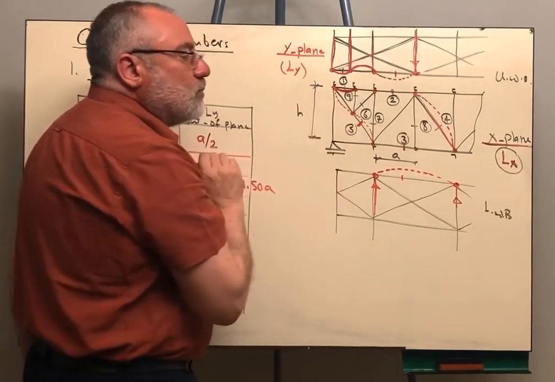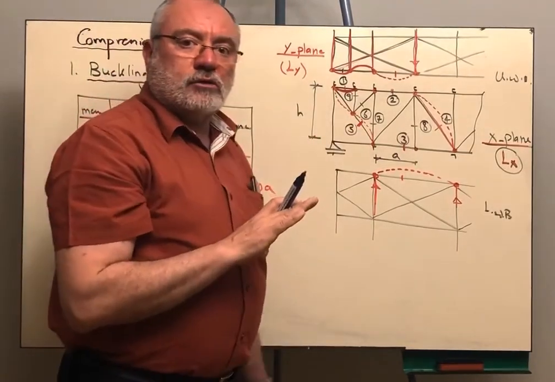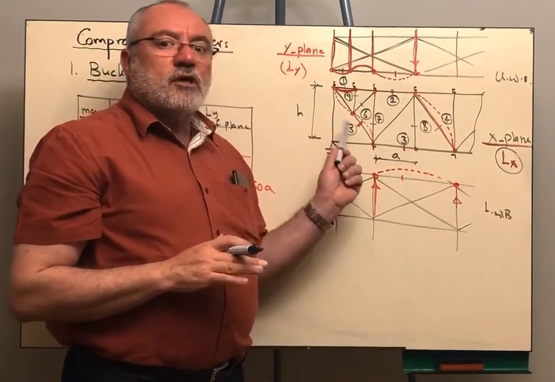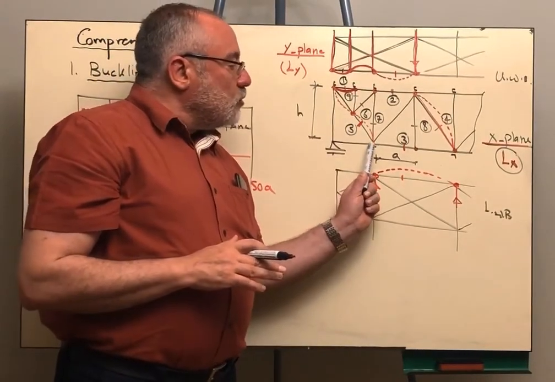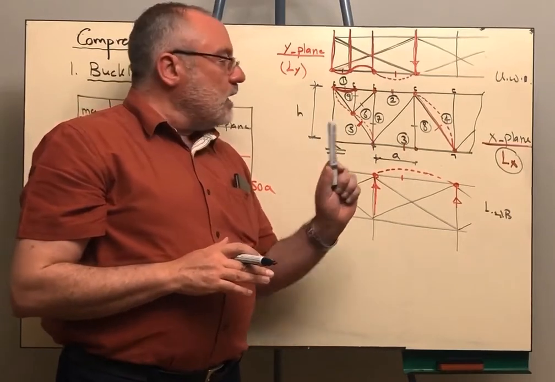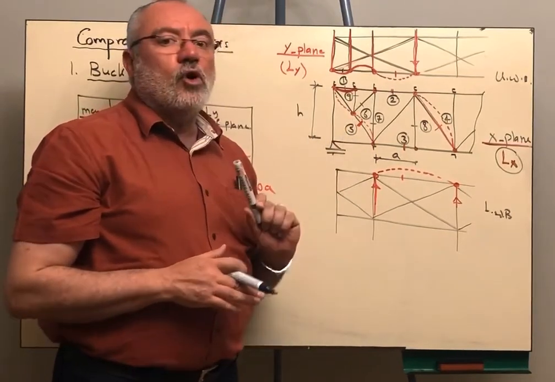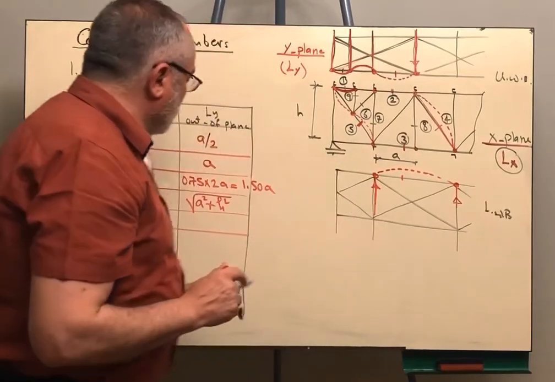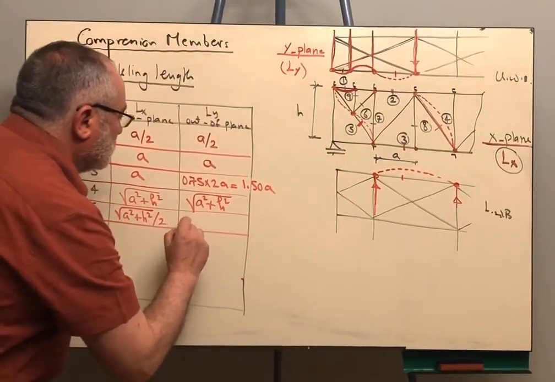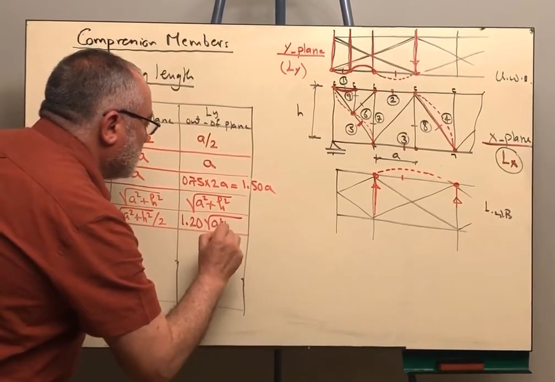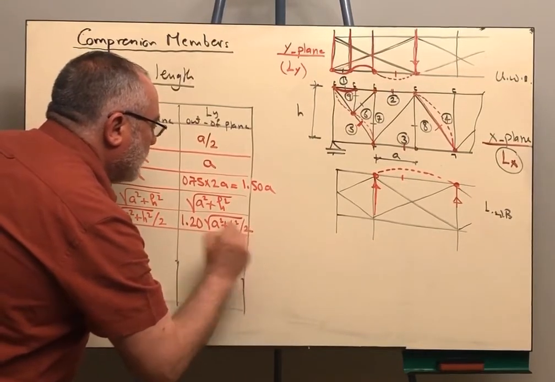So this point is unbraced. If you look to our notes, you will see that for the diagonal members and for the vertical members, if one end of the member is braced in the out of plane and the other end is not braced, then we take 1.2 of its length. We have to take here 1.2 of its length, which is root a square plus h square over 2.